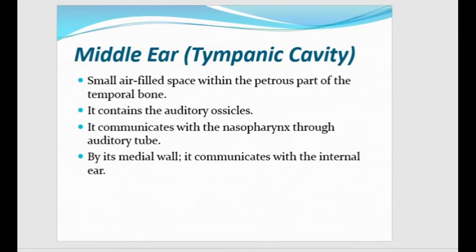Now, the middle ear cavity is an air-filled space within the temporal bone, which contains the auditory ossicles, and it communicates with the nasopharynx through the auditory canal. Laterally it is related to the tympanic membrane. Medially it's related to the inner ear.